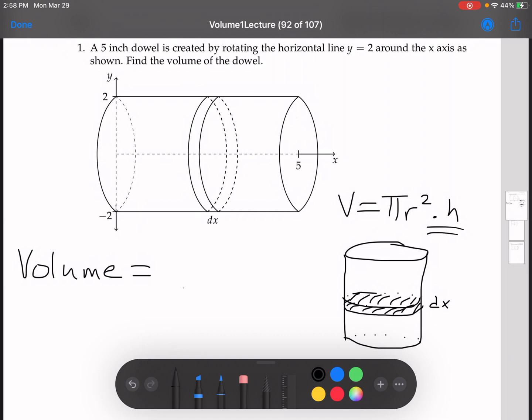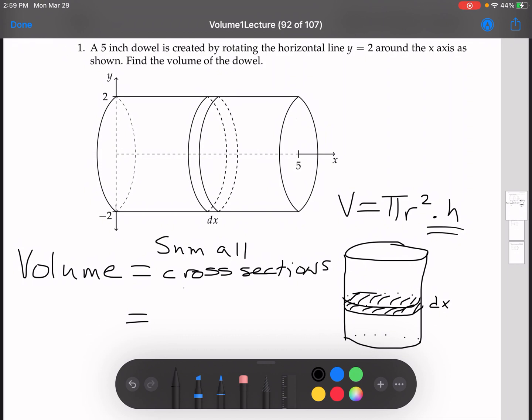That's exactly what the integral does. So the volume is the sum of all cross sections. That's exactly what the integral does.